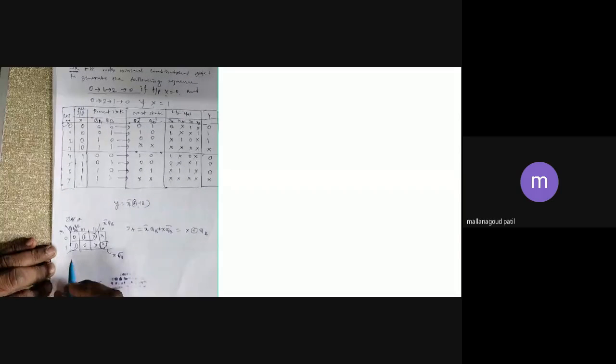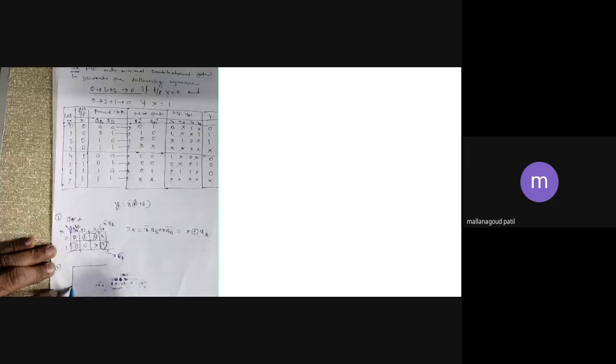Then what should be the second one? I can write the second one with X, QA, QB: 0 1 0 0 0 1 1 1 1 0. What is the case you took?